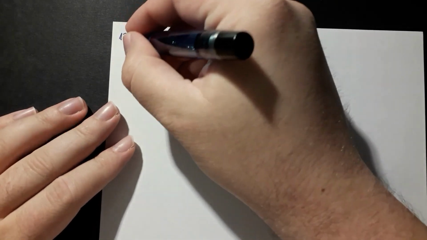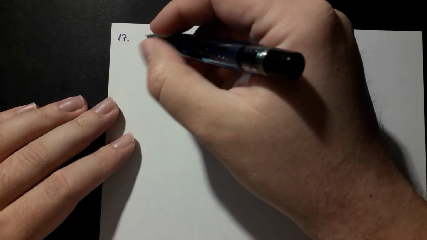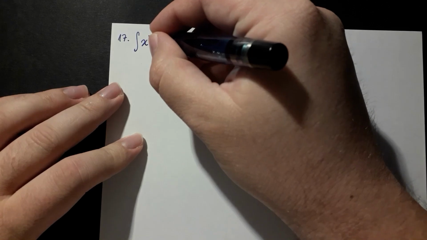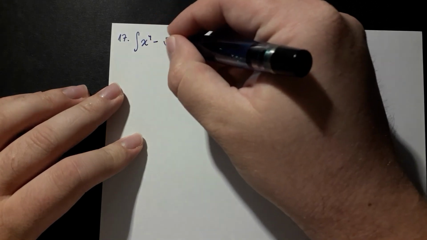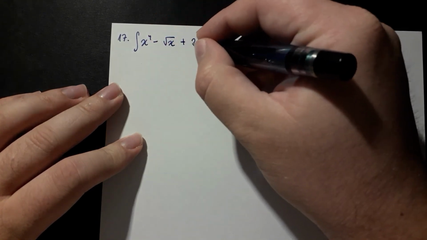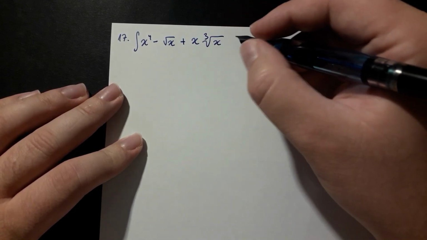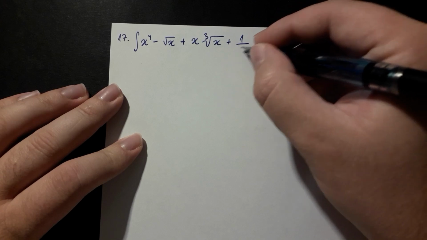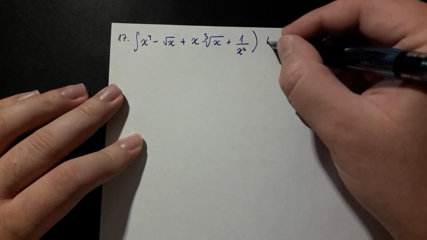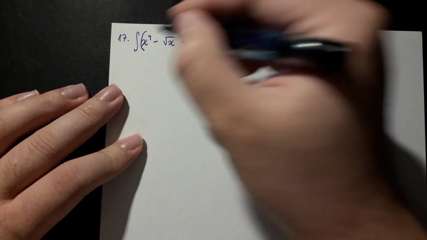Integral number 17 is an integral of x to the 4th power minus square root of x plus x times cubic root of x plus 1, divided by x squared dx.